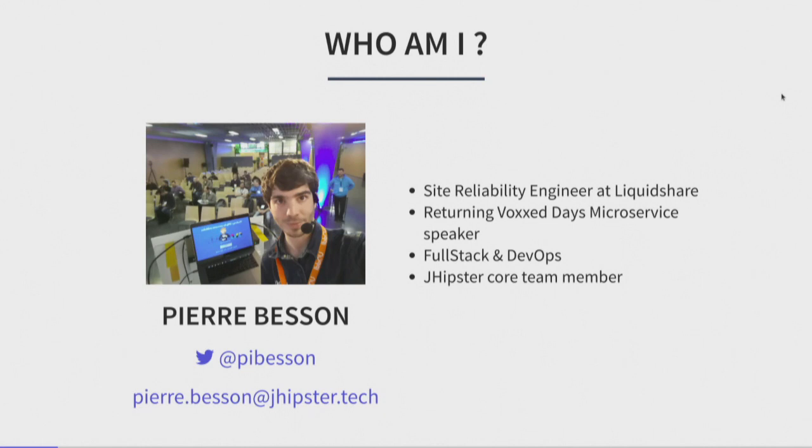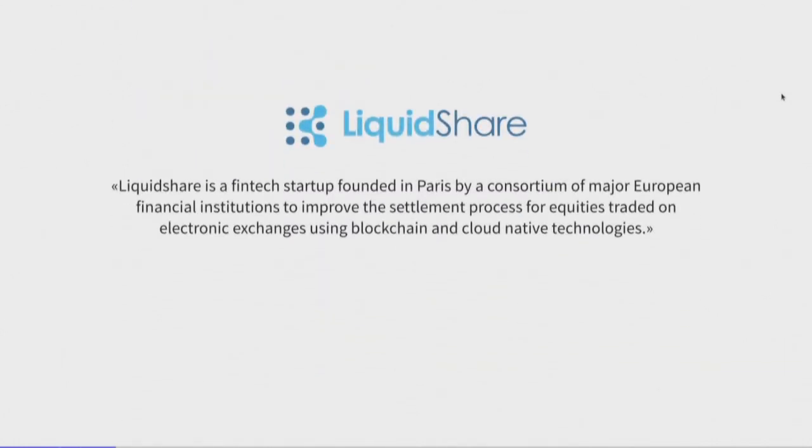JHipster is actually a very good project to combine this full-stack aspect and extend it into DevOps, so we will see what I mean by that. First, a word about Liquidshare, which is sponsoring me for this talk. Liquidshare is a fintech startup funded by major European financial institutions.